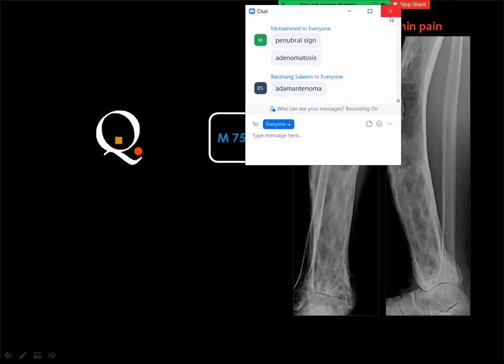Adamantinoma, yes. Two lesions can produce this appearance in the tibia. One of them is adamantinoma, and the second one, not fibrous dysplasia, of course. But what do you think?